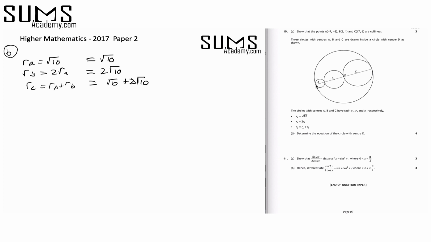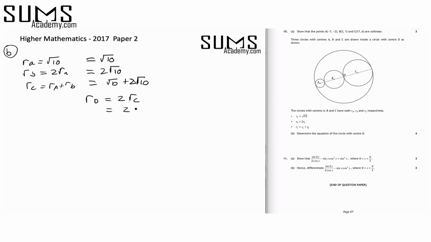RD is going to be this distance from here to here. So you could think of it as 2 times RC or 2RA plus 2RB, but we'll just do it as 2RC because it just makes more sense. So RD is equal to 2RC.